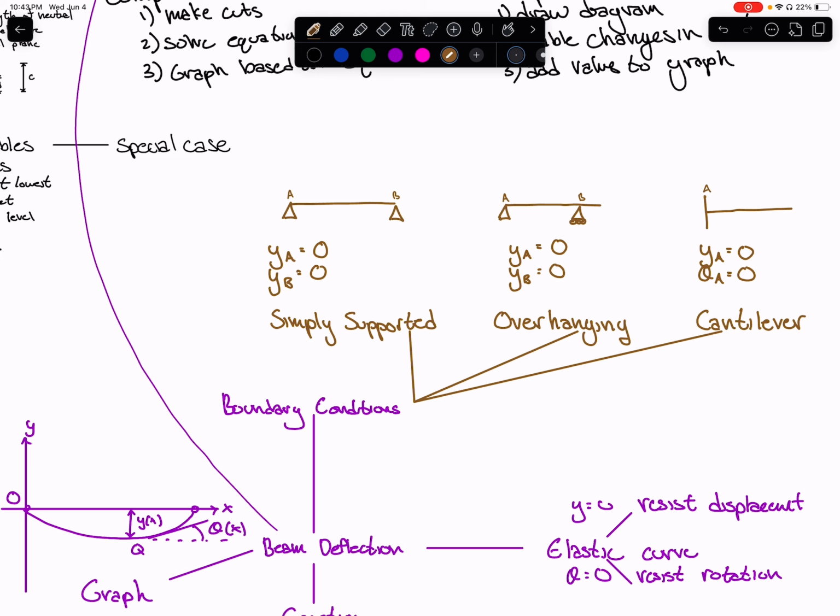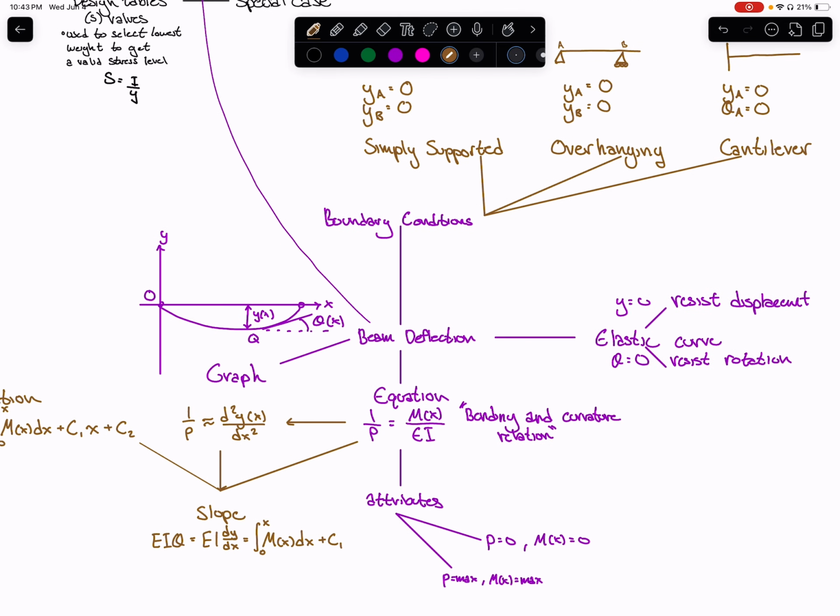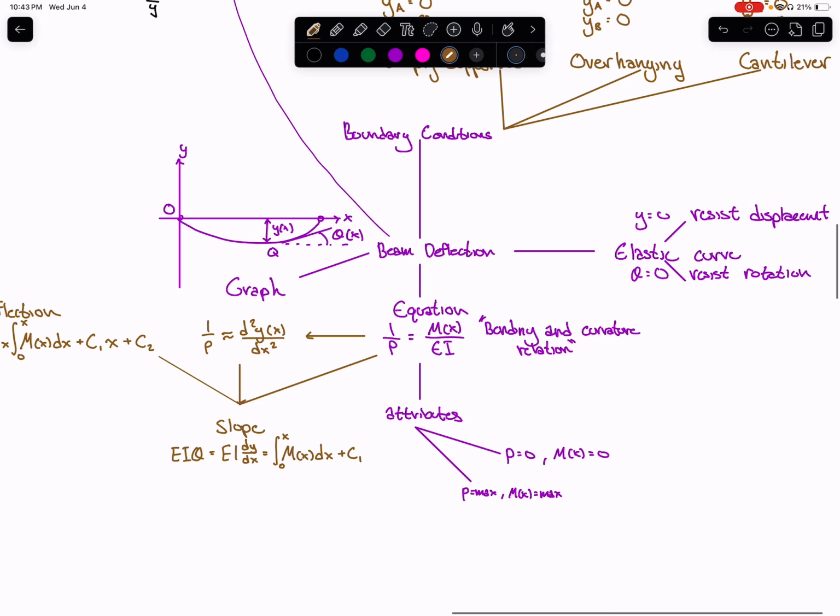And in the last case for the cantilever beam, we also know that at point A, there will be zero slope, essentially, because it's a fixed support that controls the moment as well. So where we will implement those conditions, we can look down to the equation.